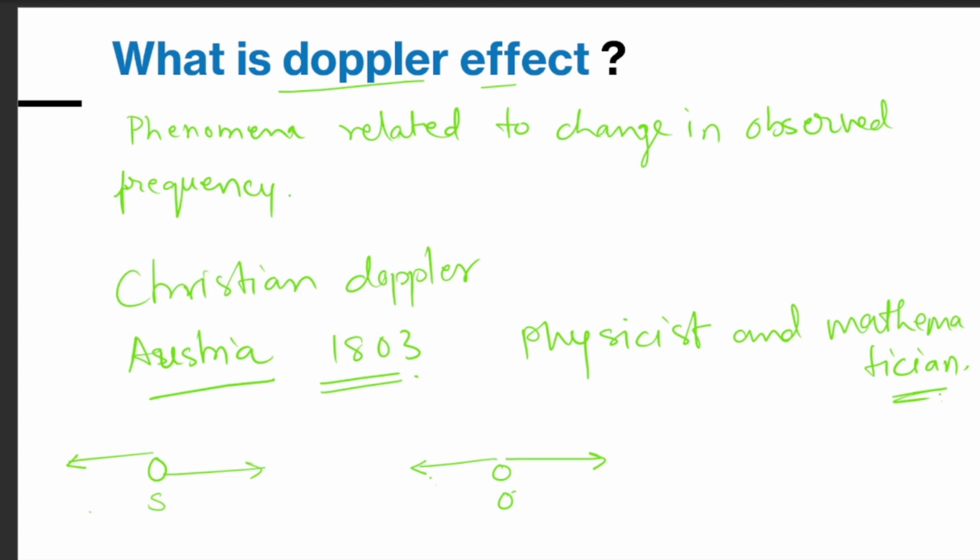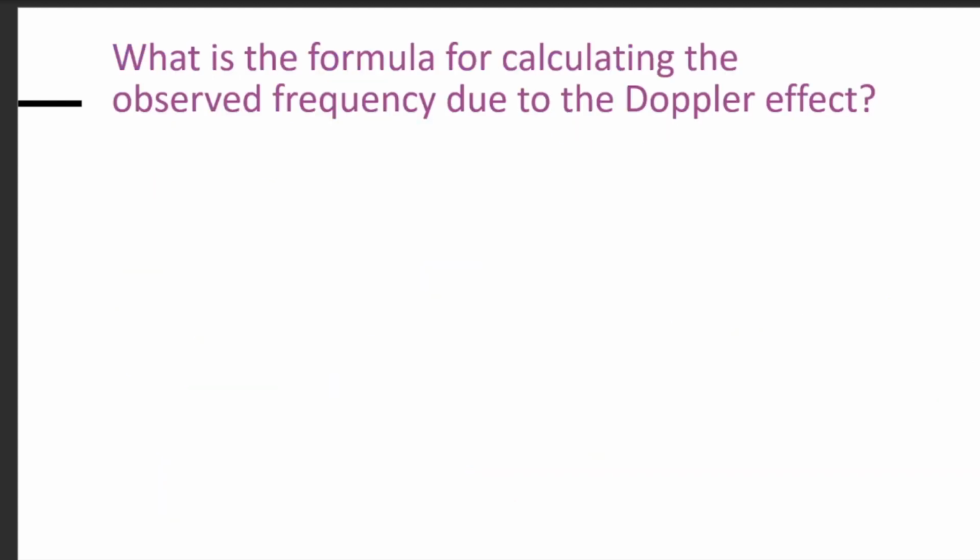So these are the four conditions which we are going to explore, but it's not limited to only these four conditions. Sometimes source and observer may both be moving, in different directions or towards each other. So for simplicity, we are going to discuss only the four conditions.